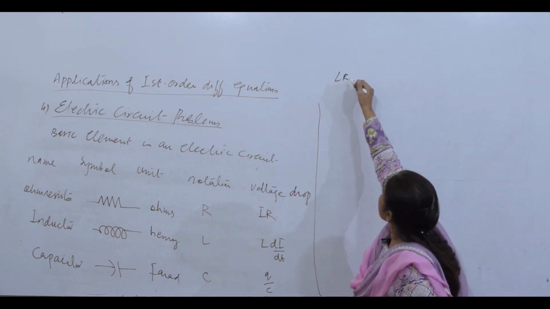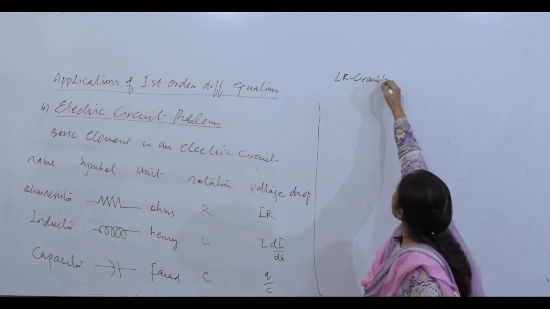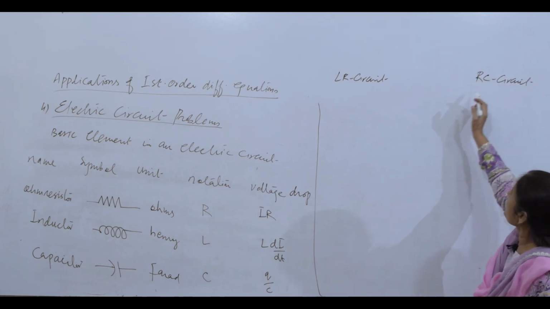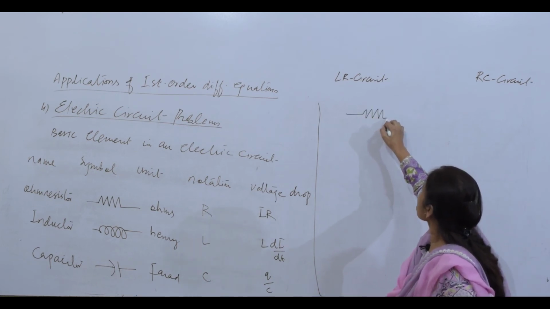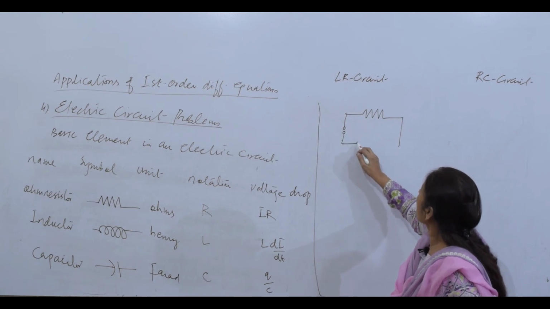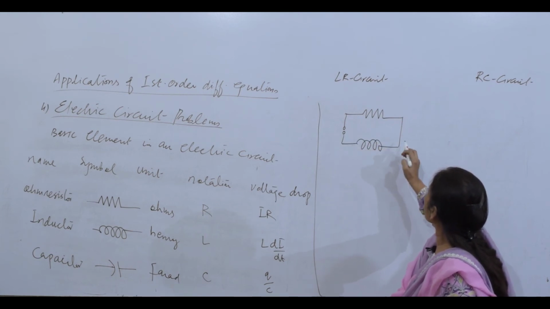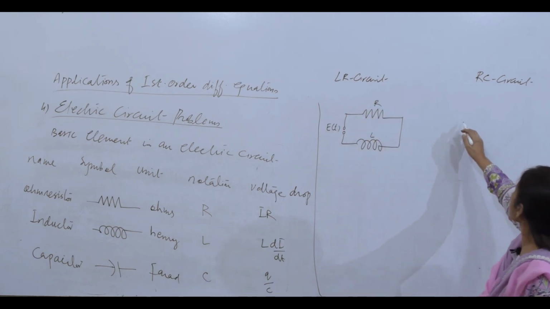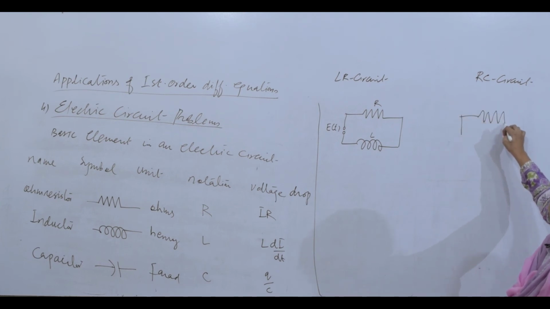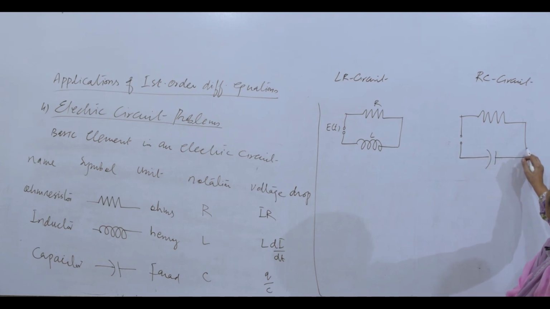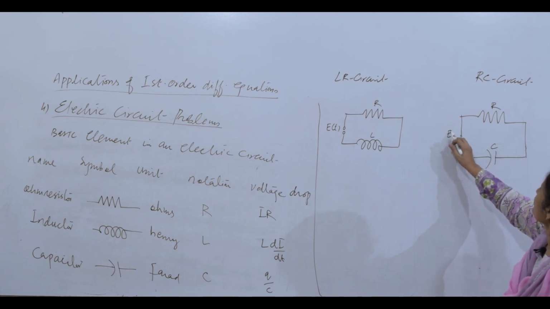Now the LR circuit and the RC circuit. In the LR circuit, I have resistance, the battery, and the inductance. This is L, this is R, this is the electromotive force. In the RC circuit, this is R, this is the battery, and this is the capacitor C.